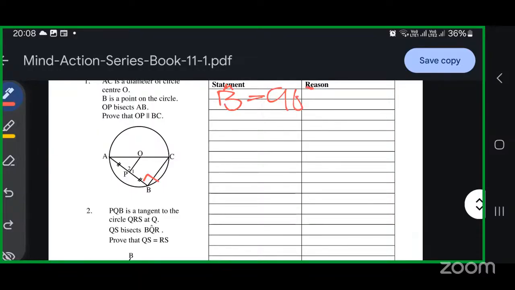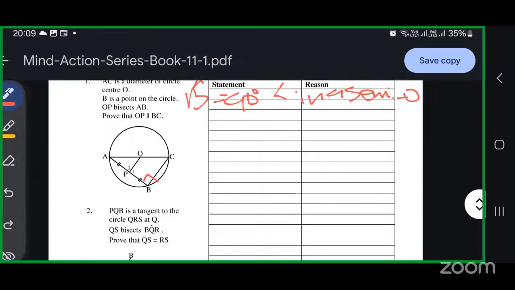Reason being, angles in a semicircle. I agree, 100% correct.